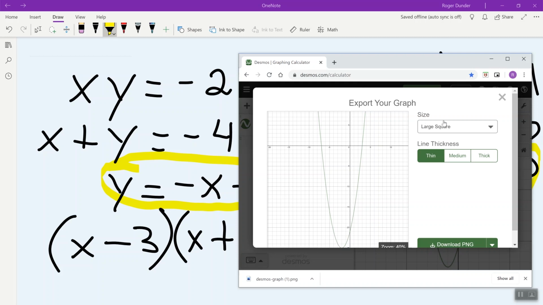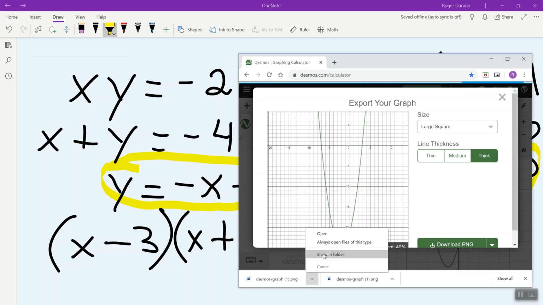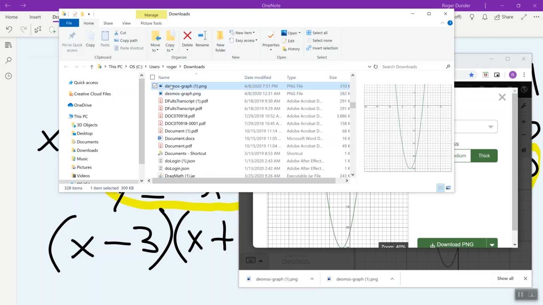Still not very good, but it does show the solutions. So let's go ahead and download PNG. And I'd like to show this in the folder. And I'm going to call it example graph 2.